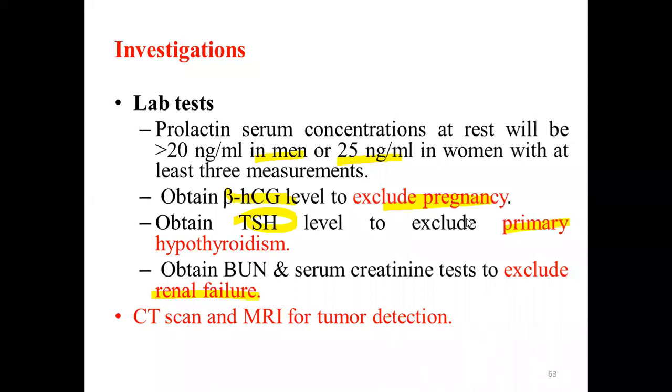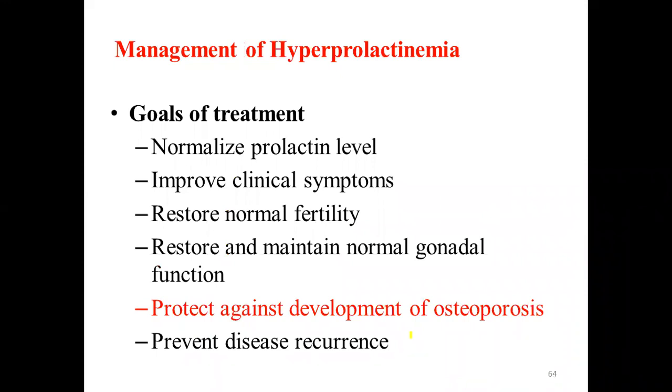Because of this, you have to rule out whether the patient has kidney failure, so that you can determine whether the elevation is due to renal failure or to other causes. Then, of course, CT scan and MRI can be used for tumor. If there is any tumor in the brain, that is very important to exclude.